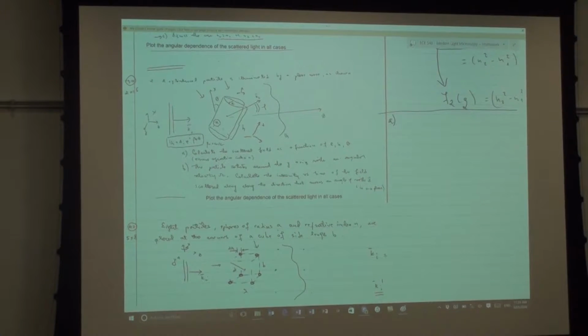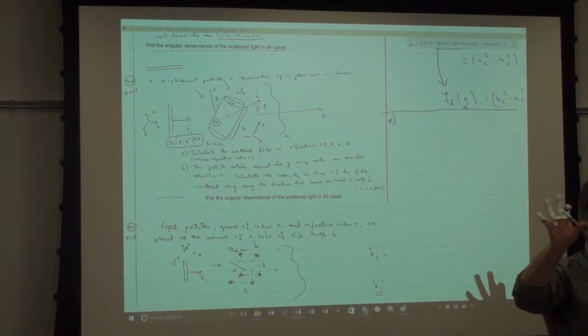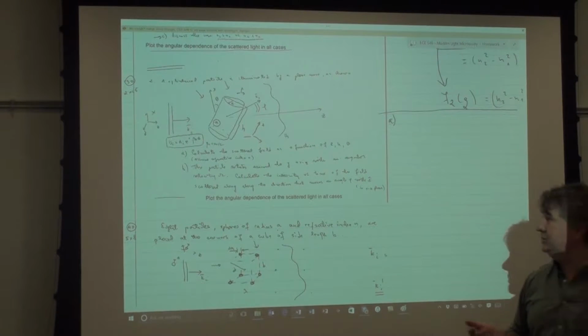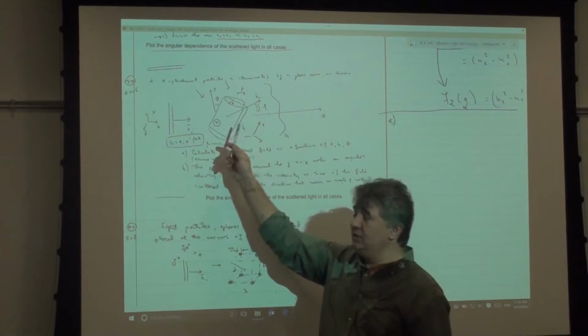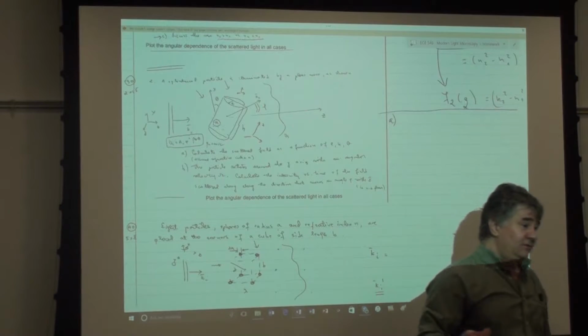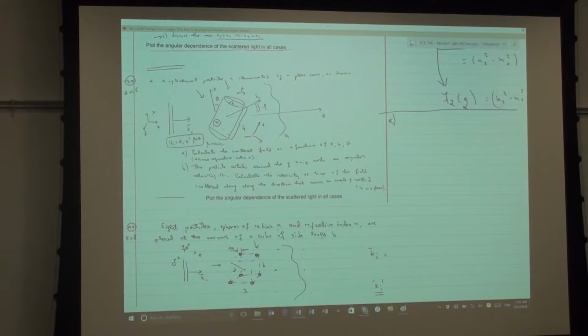And you either rotate the cylinder or you rotate your incident light. Many more of you rotated the cylinder, which is perfectly fine. A couple of you rotated the incident light, and it's much faster if you just rotate the incident light.